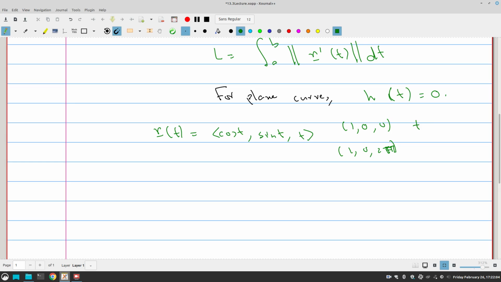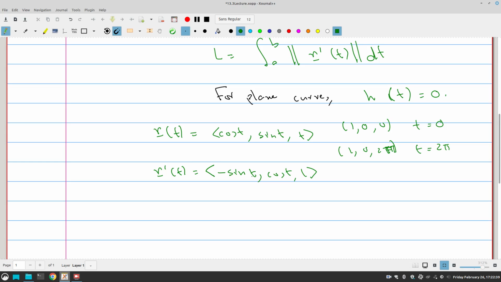At (1, 0, 0), t equals 0 because cosine 0 is 1, sine 0 is 0, and t is 0. At this point t is equal to 2π. And r prime(t) for this curve is <negative sine t, cosine t, 1>.